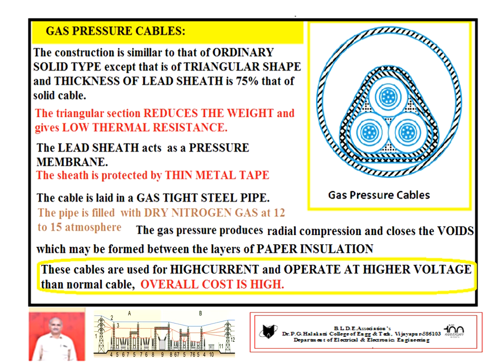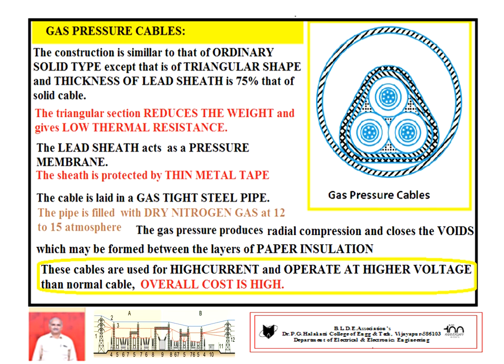This is the only different factor. And one more thing, the thickness of the lead sheath is 75% that of solid cable. The lead sheath acts as a pressure membrane. This provision of lead sheath provides pressure to the whole assembly of the cable system.